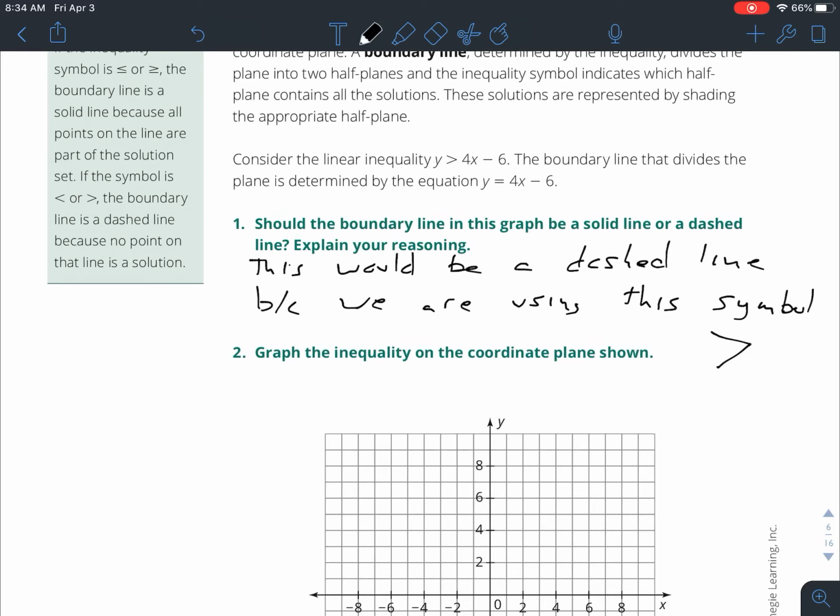So because we're using that symbol, we have a dashed line.